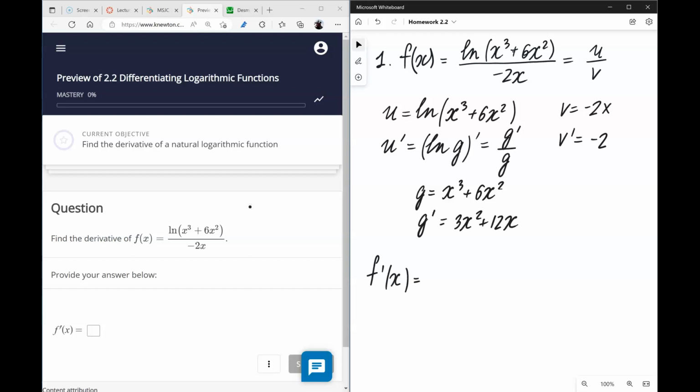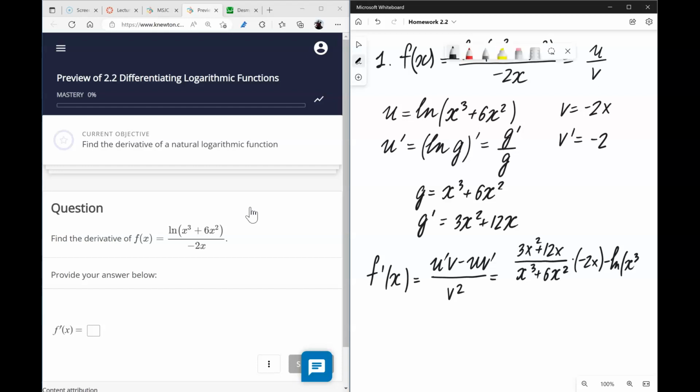So the derivative of this function will be u prime v minus u v prime over v squared, which is equal to: u prime is 3x squared plus 12x divided by g, which is x cubed plus 6x squared, times v, minus u v prime. Running out of space here, so it's going to be ln of x cubed.